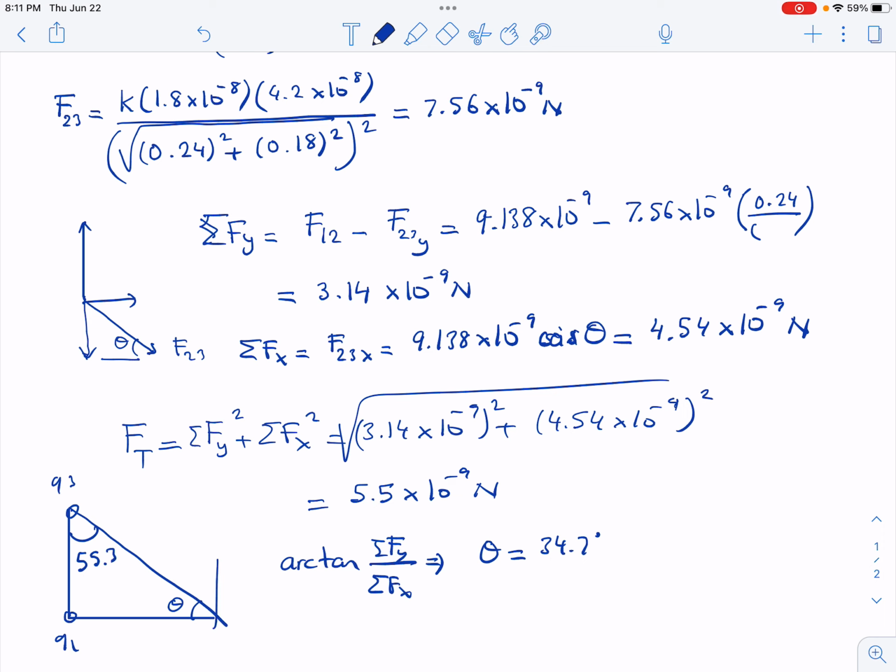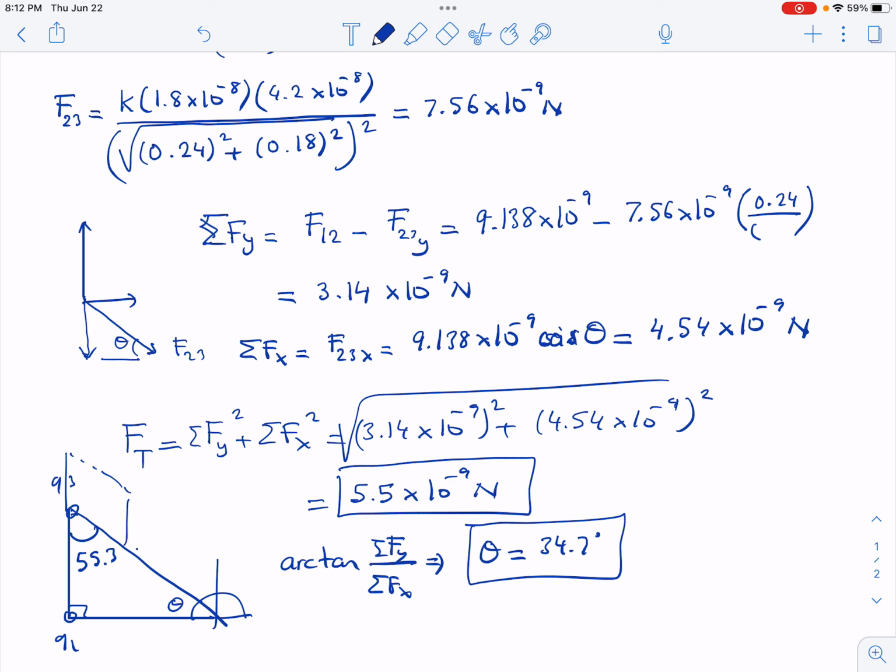I wasn't sure which direction you wanted, but this is the magnitude, and this angle could be one direction. If you're looking for this one, it's 180 minus that. The direction is somewhere like this direction. I think it can be explained that way.